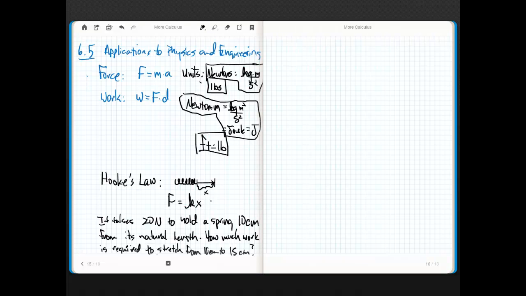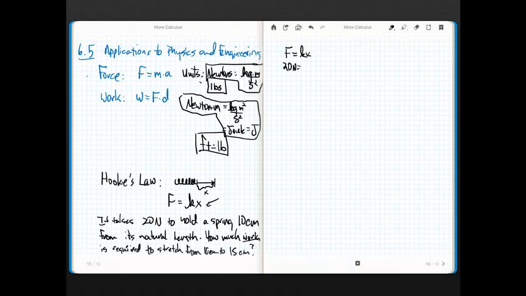The first thing that we need to acknowledge here is we've got an equation with three unknowns. We've got force, some sort of constant, and a distance. Let's see what we can figure out, and then we're going to have to answer a work question. So what does it say? It says 20 newtons, so I know that's a measure of force. So if I take F equals kx, then 20 newtons is equal to, now what else do I know?